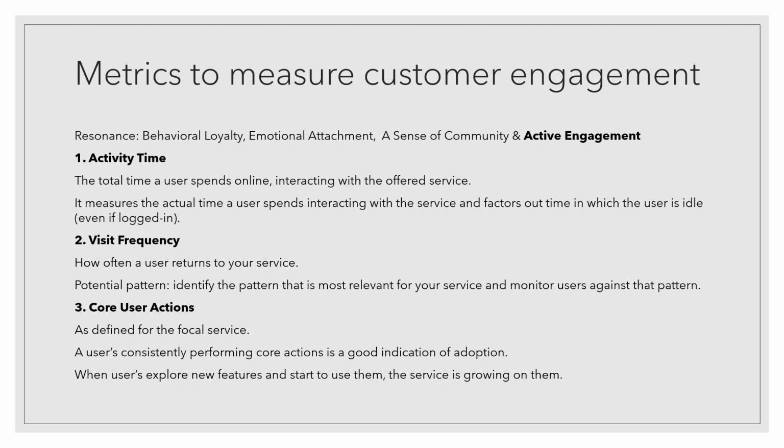They are behavioral loyalty, emotional attachment, a sense of community, and then active engagement, right? And we are focusing on engagement here. So to measure engagement, there are three important dimensions for this construct. Number one, activity time.